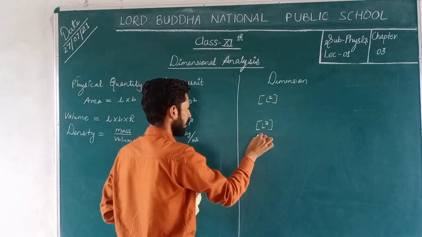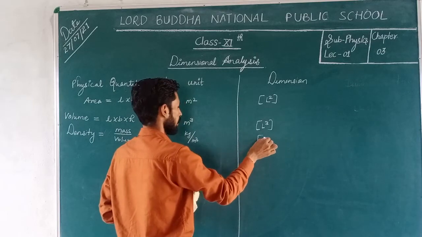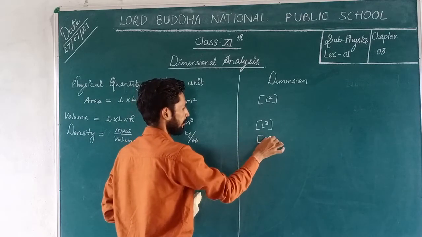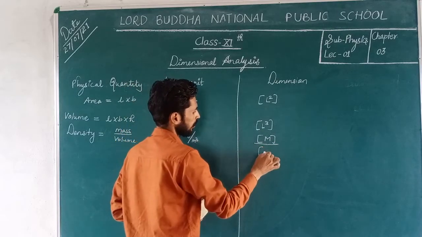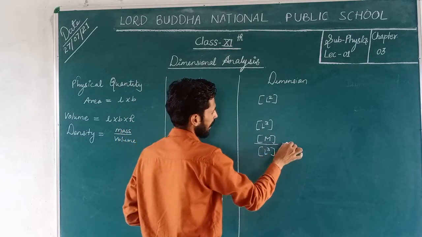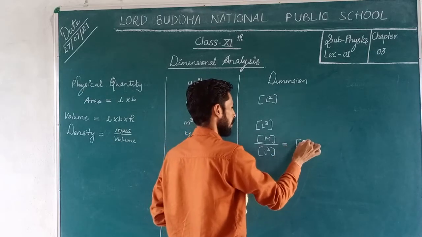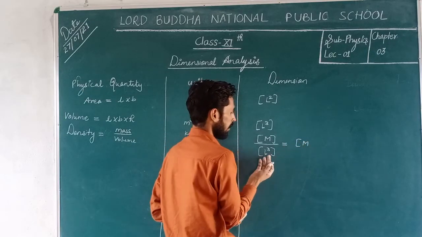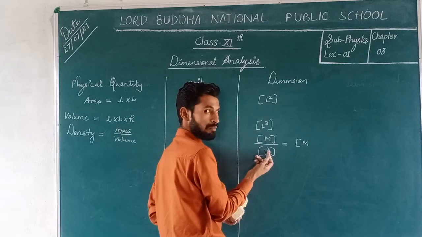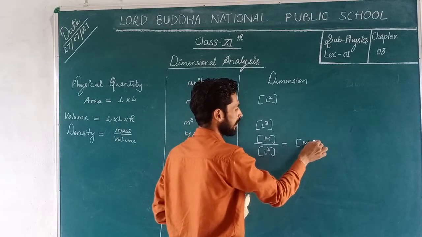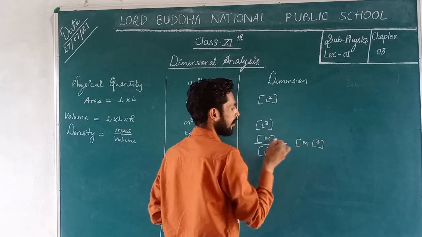So we will write it as kilogram, that is denoted by M, and upon meter cube, that is L to the power 3, and it can be written as M, and in denominator the power is positive, so in numerator that will be -3.